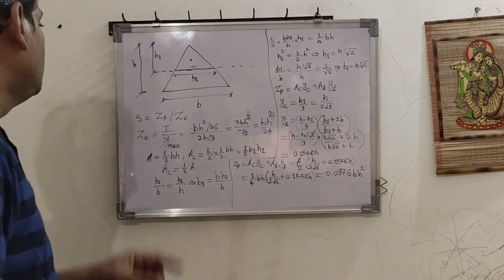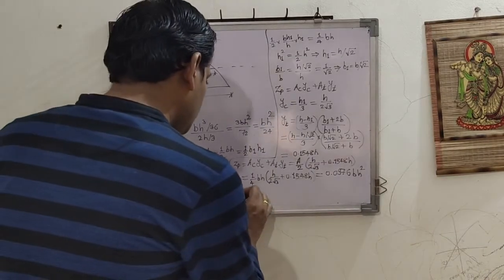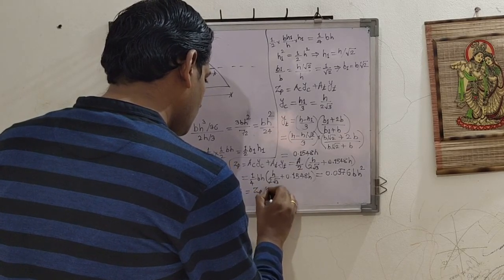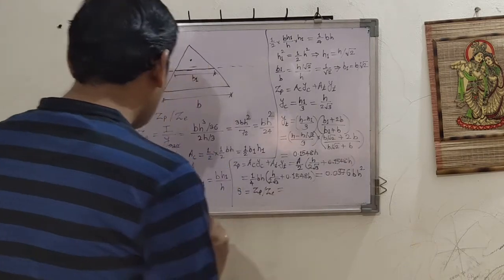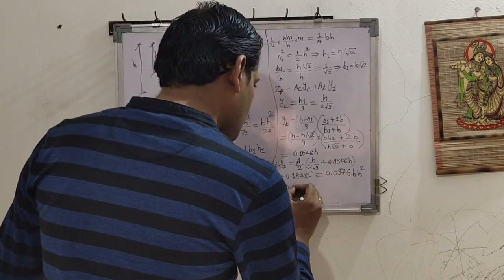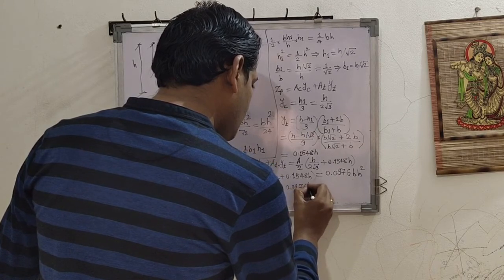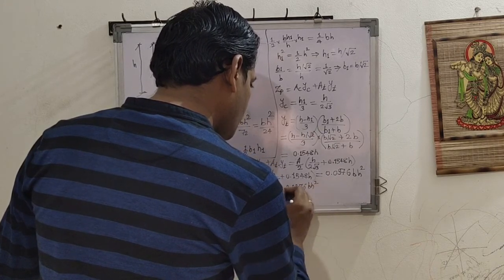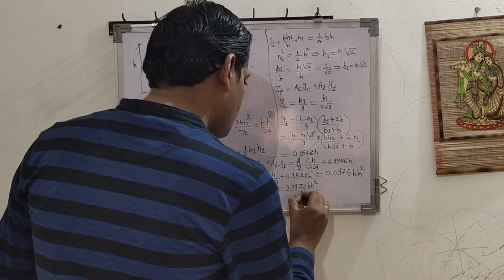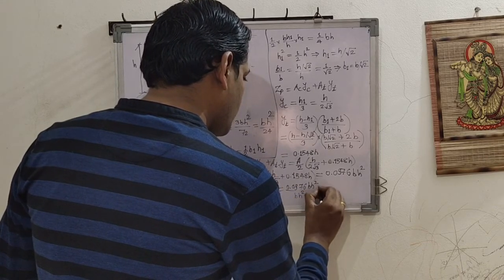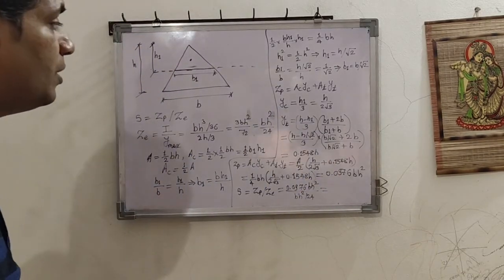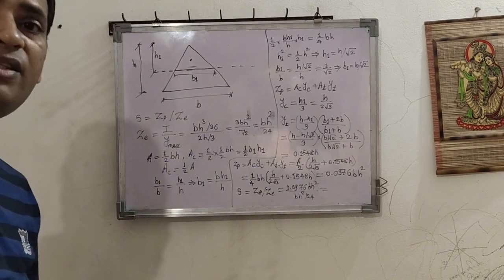Fine. So substitute these two, ZP upon ZE. What is ZP? 0.0976 bh square divided by bh square upon 24. Take this 24 to the numerator. So 24 into 0.0976.